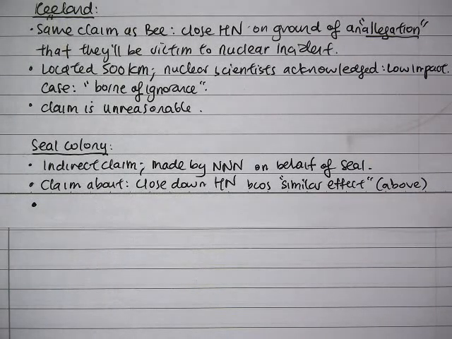Now, so of course, when you argue about the claim, the effect is the same, okay? Because of the similar effect that we say above, that emission may affect them. A leak can kill them. That's what they say. A leak can kill them. So now the question is, is this reasonable? What do you think?